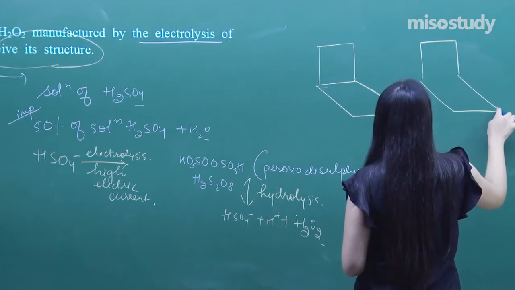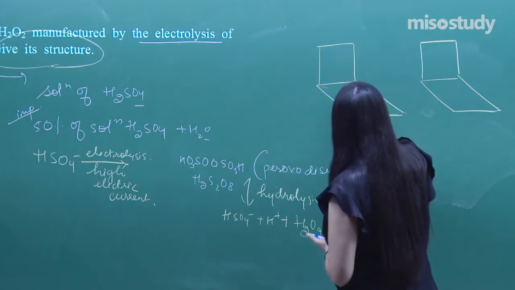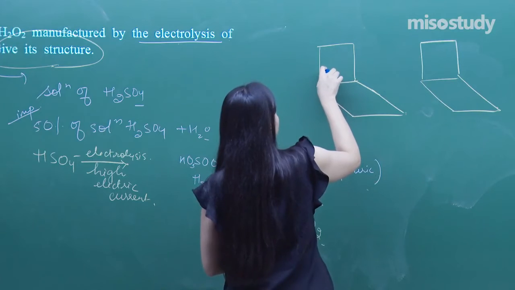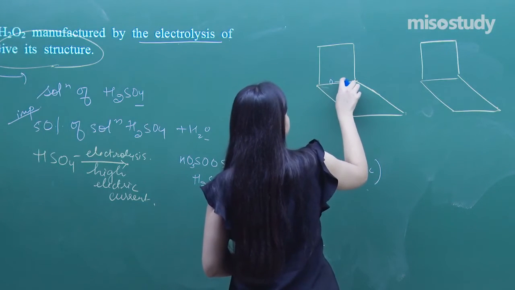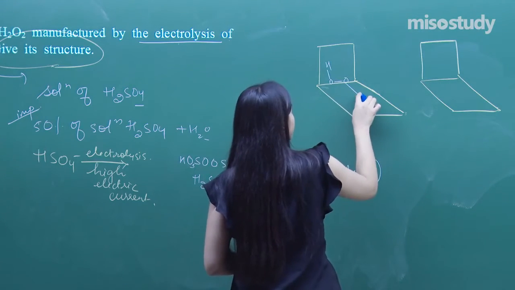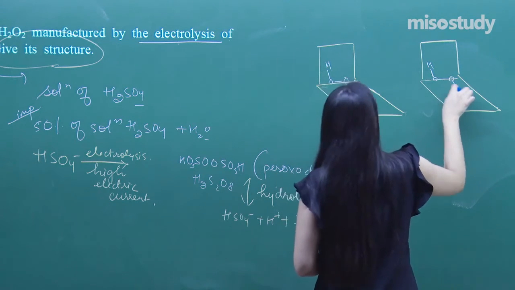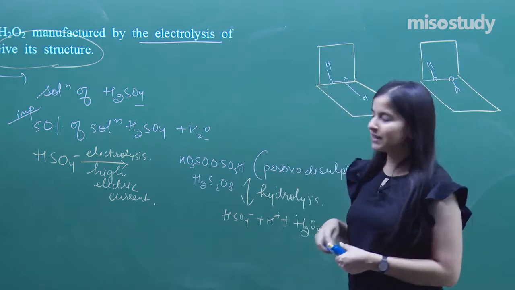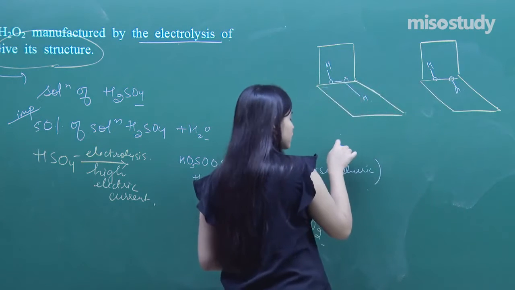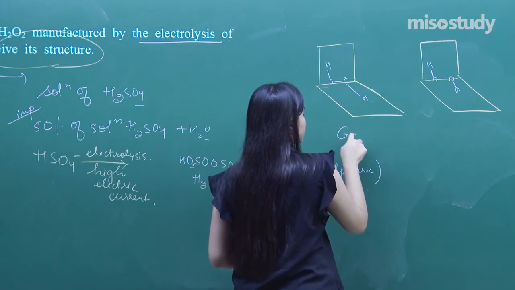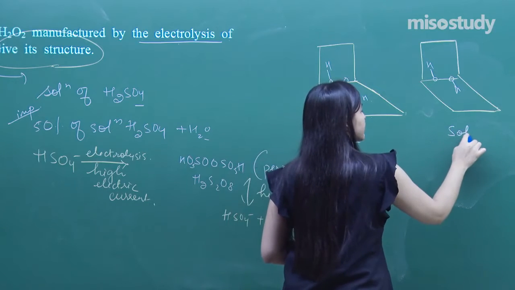First of all, you have to make a non-planar structure over here, right? And now try to place the molecule. H, H, O, O, H, H. Now just tell me the dihedral angle in both of them. To be very specific, this is the gaseous phase and that is the solid phase.